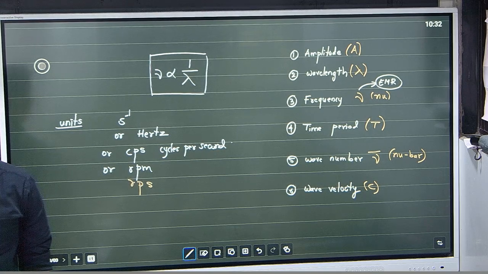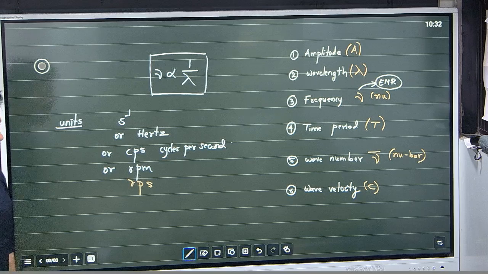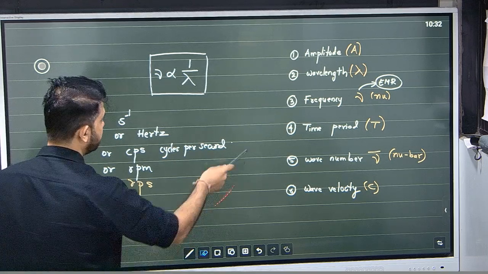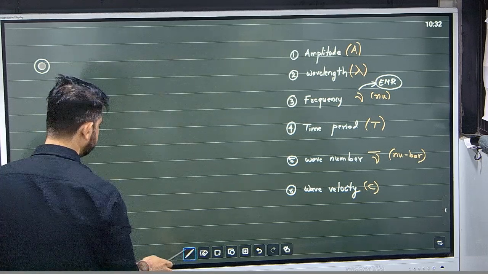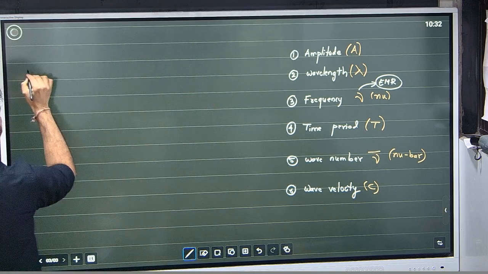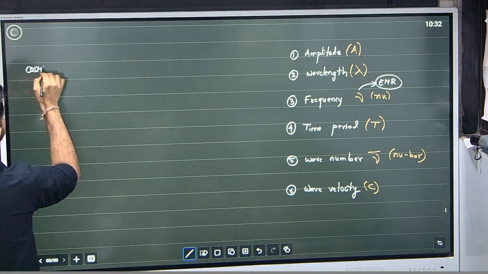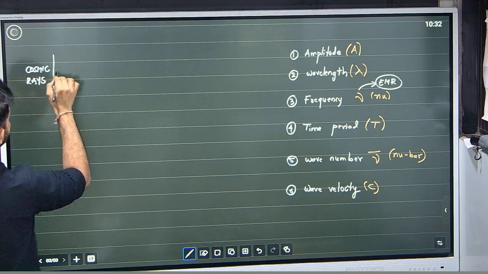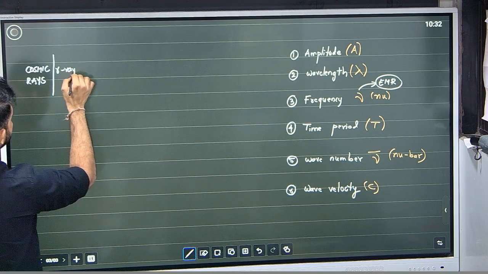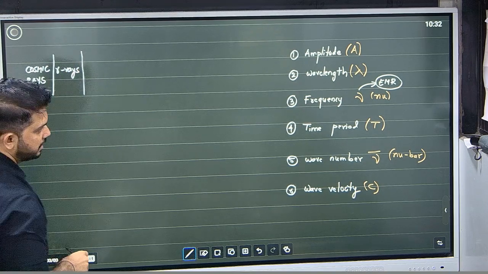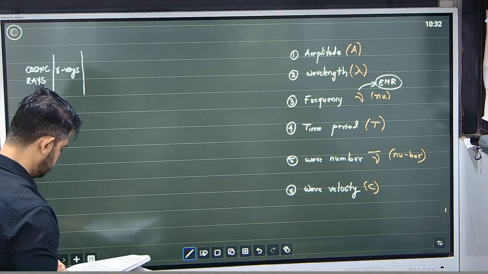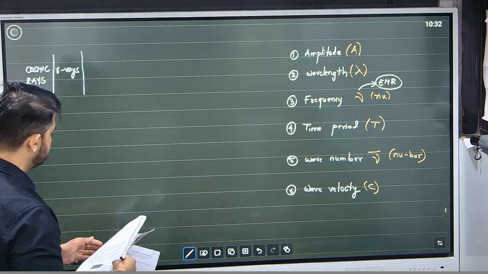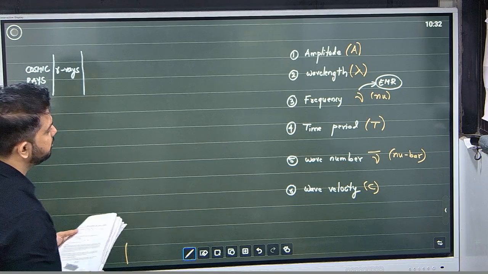Next, after frequency we have time period. Please copy time period. Can someone define time period for me? Time taken to complete one wavelength.